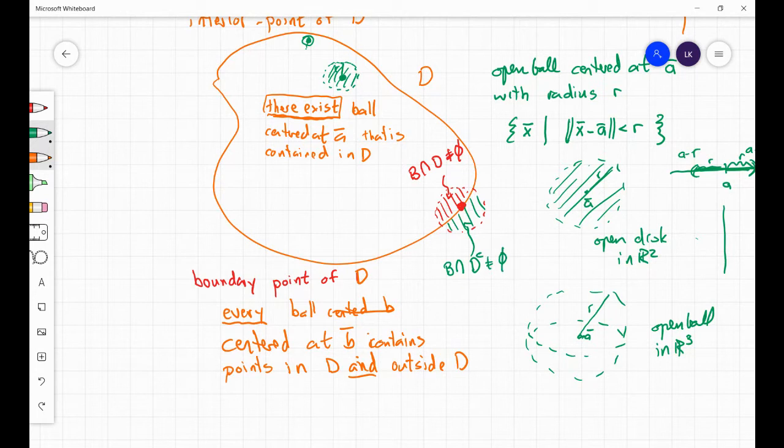It makes sense. You're on the boundary if you have one foot in one country and a foot in the other country or state, whatever, right?